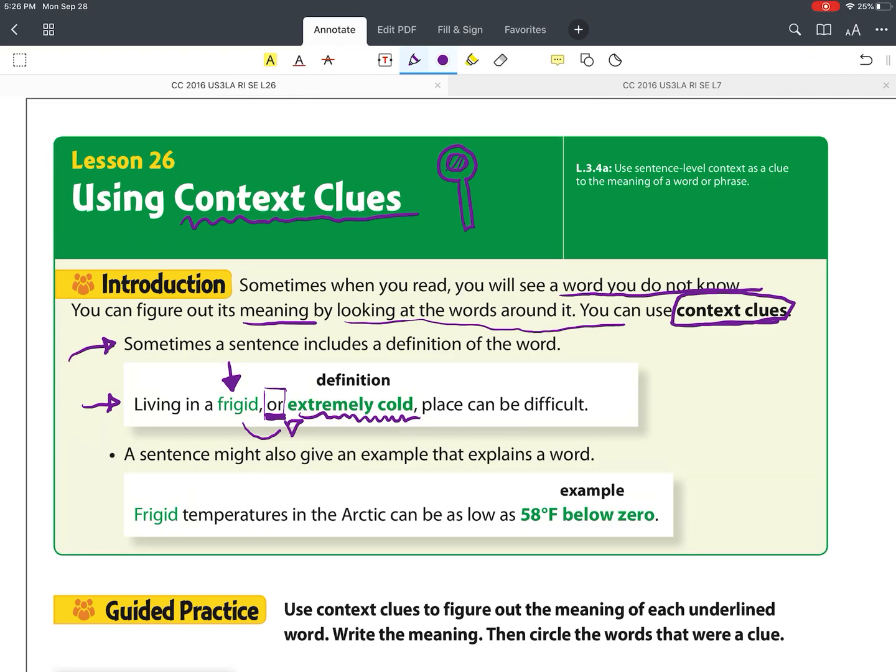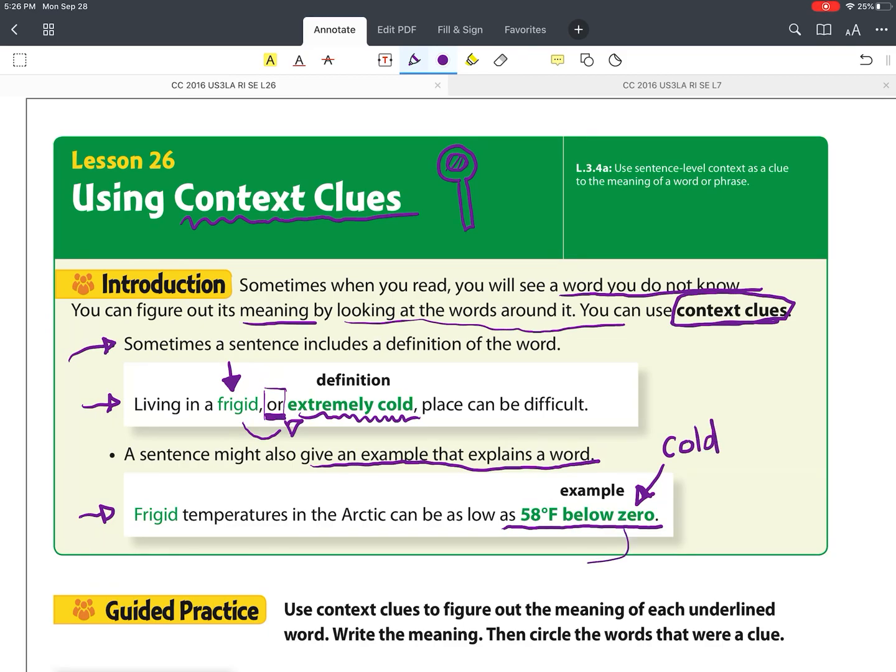But a sentence might also give an example that kind of explains a word. So let's take a look at this sentence. Frigid temperatures in the Arctic can be as low as 58 degrees below zero. And if I looked at that example, I would say, oh, well, I know that's cold. Below zero means it's really cold.